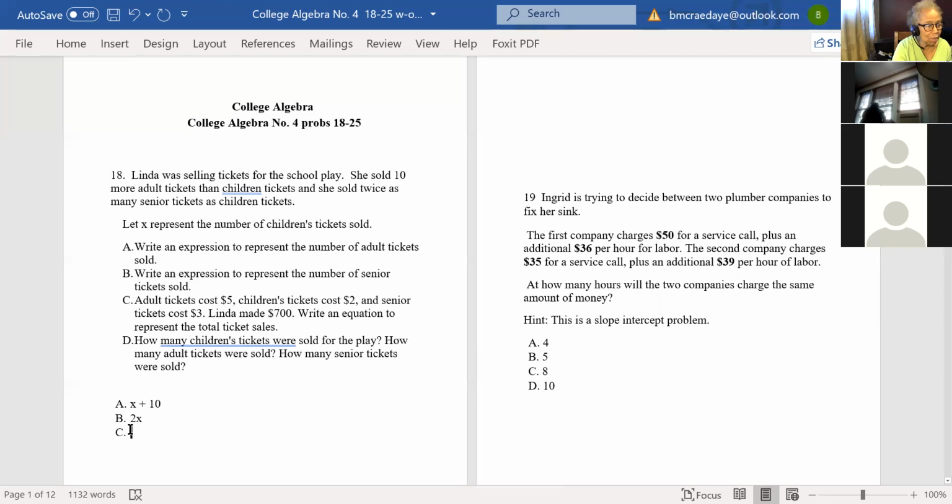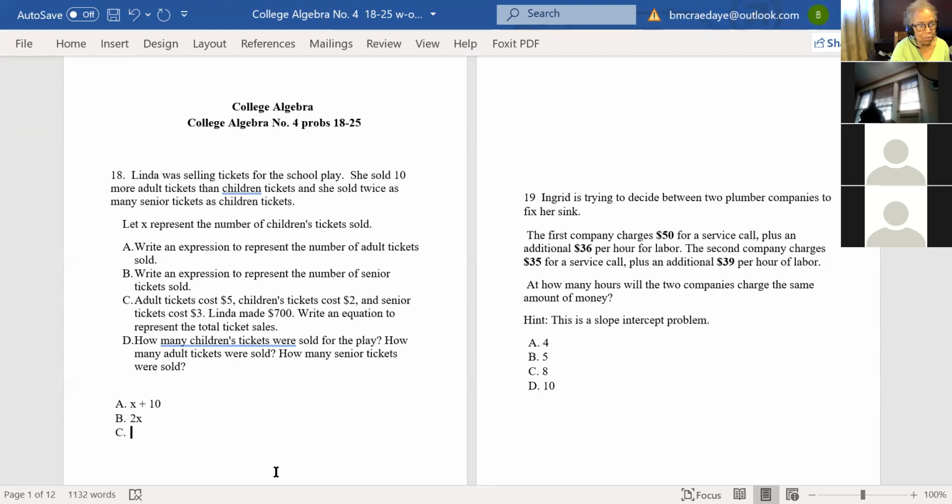Now, what should I write here as my equation to represent how she made the $700? X plus 10 times 2x. No, remember now, the cost.